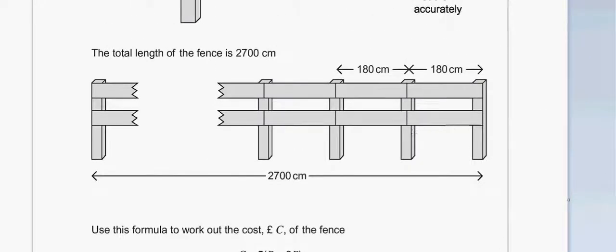From here to here will be 1, from here to here will be 2, from here to here will be 3, and so on. So this would be one post and 2 beams, 1 post, 2 beams, 1 post and 2 beams. But we do need a post at the end, so we do need to add 1 post.